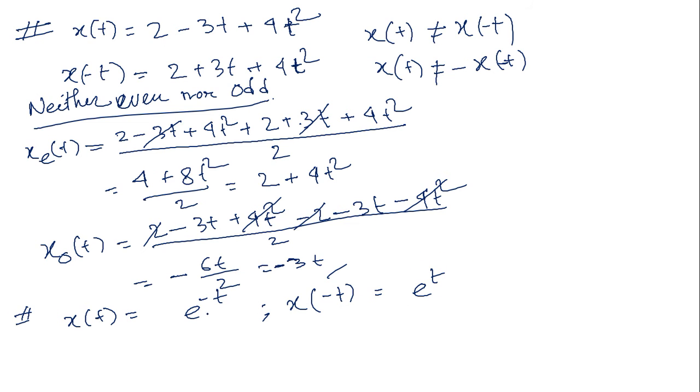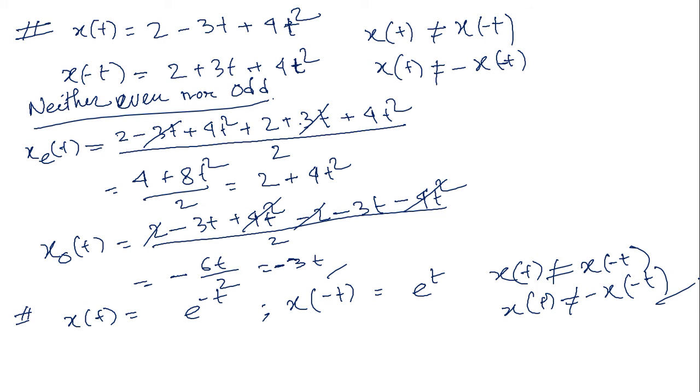Are both the same? No, e to the power minus t and e to the power t are not the same. So x of t is not equal to x of minus t, and it is also not equal to the minus of x of minus t. So the signal is neither even nor odd.